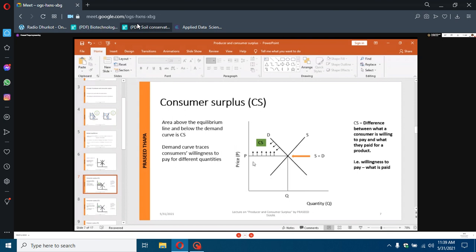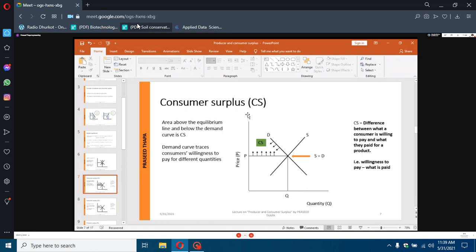Now we know this is the equilibrium condition, and just keep in mind that I will come back to consumer surplus in detail in a moment. The area above your equilibrium price, follow this upward arrow, is the area above this line and below the demand curve. Sometimes the demand curve may touch the vertical axis.